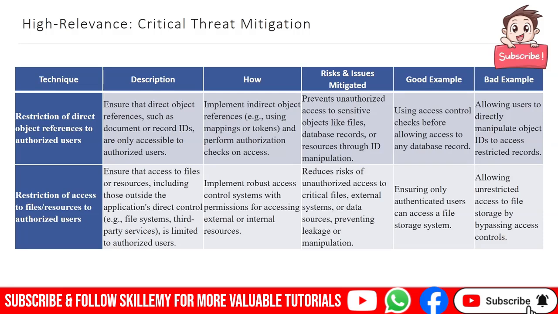For example, a user might try to access another user's private files by altering file paths or exploiting weak permissions. By enforcing strict access controls over both internal files and external resources, we ensure that users can only access the resources they are specifically authorized to view or modify.